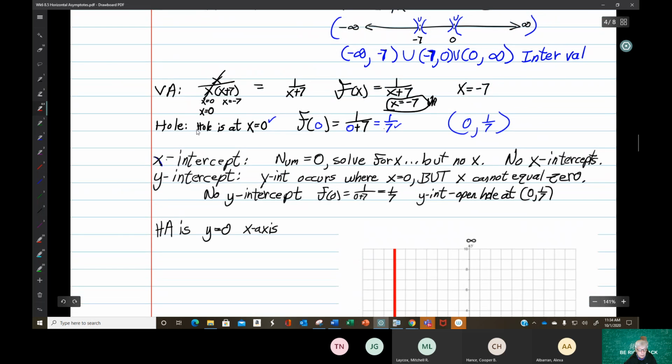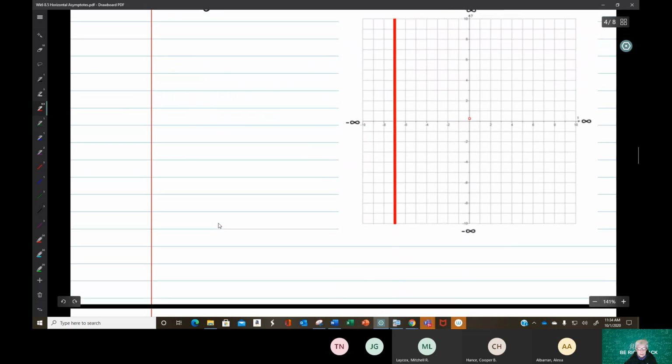Now, I'm going to have a hole, that's also the y-intercept. There are no x-intercepts. And the horizontal asymptote is y equals 0, except not where x equals 0, so I'm going to have to come back and take care of that.